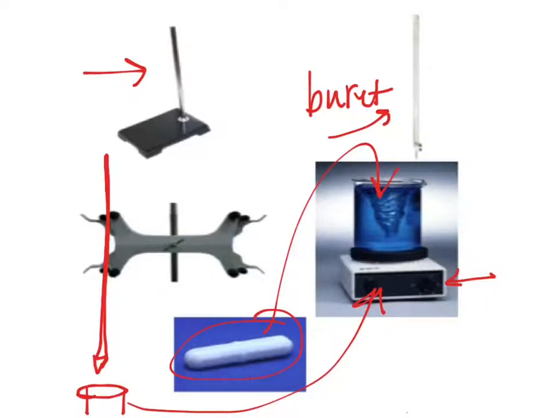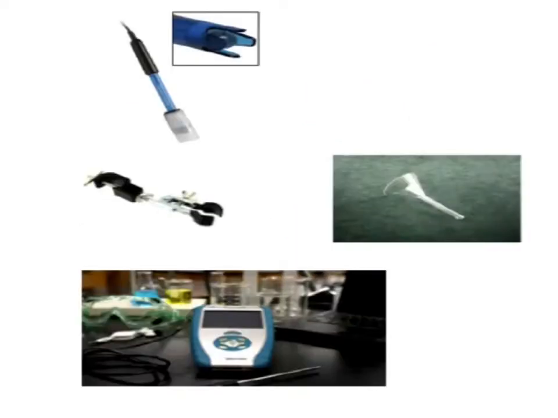Okay, so then once this is all set up, you are going to need, during the titration, a pH probe, and it will be in this little bottle, which is a case.